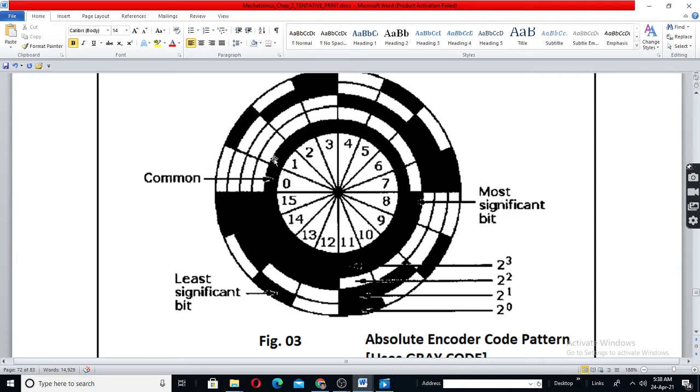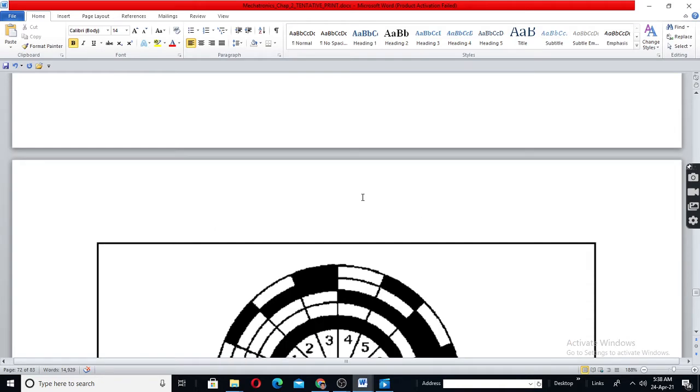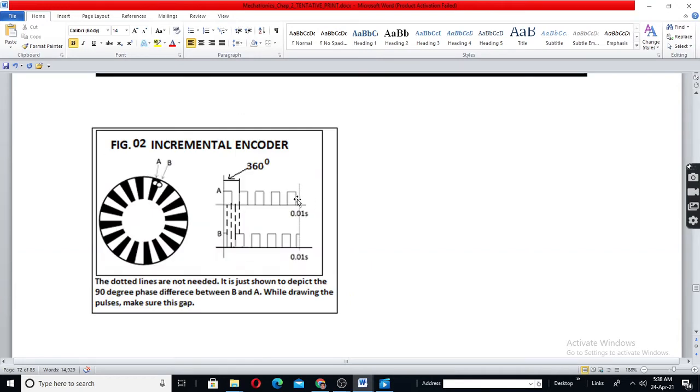See here, any single pattern is unique. Nothing is identical with the other one. You check this position with any other position. It is different. 0 1 1 1. There is no 0 1 1 1 at any other position. Here in relative, see, this is identical with this, identical with this.